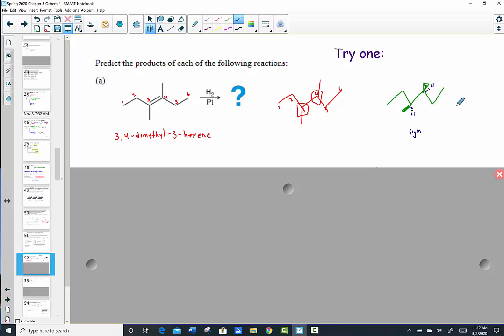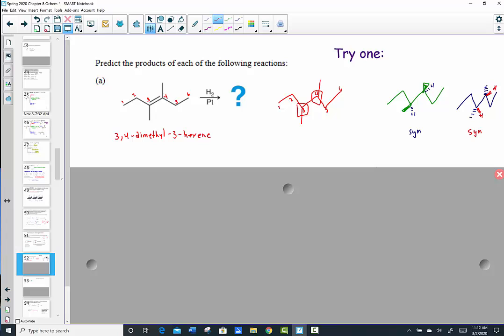And it's an enantiomer. 1, 2, 3, 4, 5, 6. If both of these methyl groups came off as dashes, not to draw them, but we know what that means, it is that those hydrogens both added as wedges. So that's the other enantiomer, the syn addition.